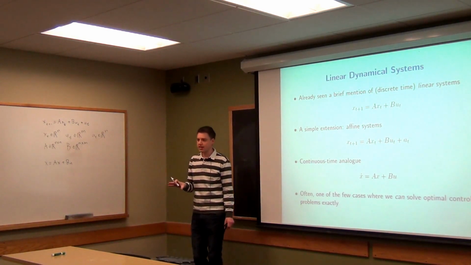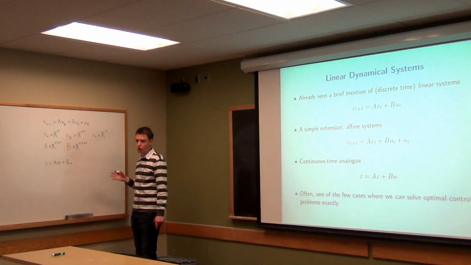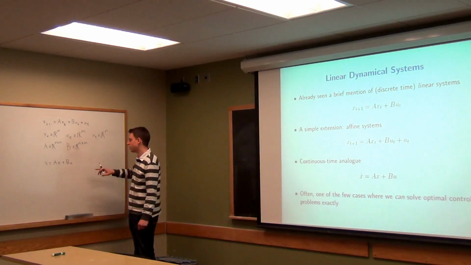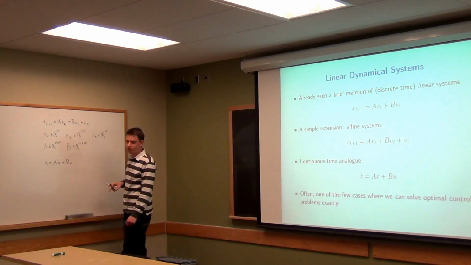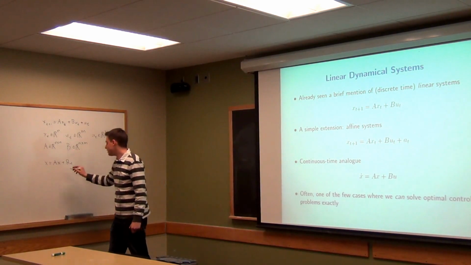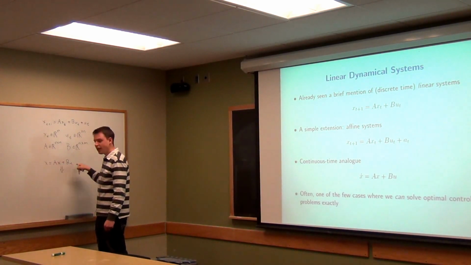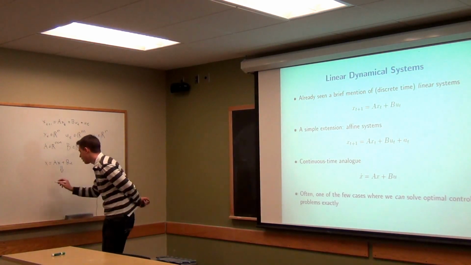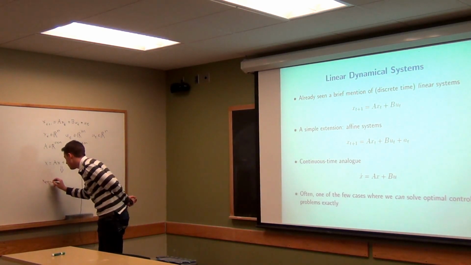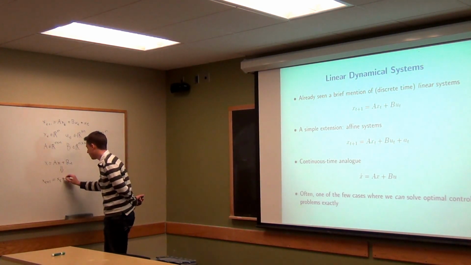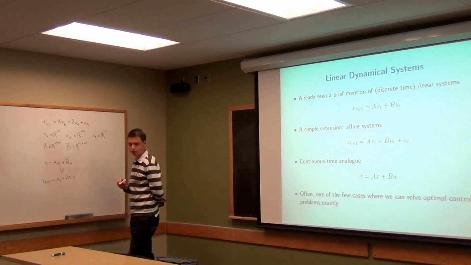Now, as I said before, the easiest way to convert between these two, though it's not the most precise, which would involve a matrix exponential, is to use Euler integration. If we take a form like this and convert it to a discrete time case, what we get is x_{t+1} equals x_t plus delta t times x dot t, the derivative at time t.